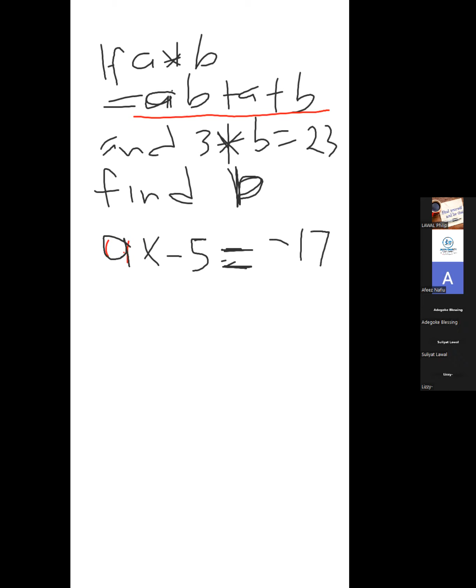What do you think A will be? Find A using this same formula. A star, not times, so it's a star. And because I'm using star, it can be any other non-unique sign or symbol. So I want you to get used to that. A star minus 5 is equal to minus 17.